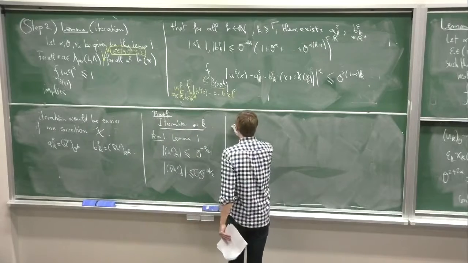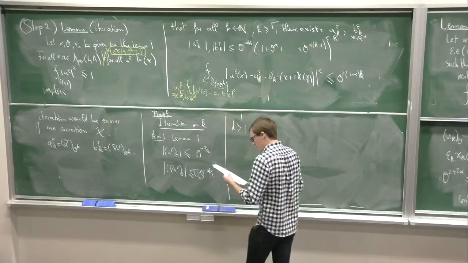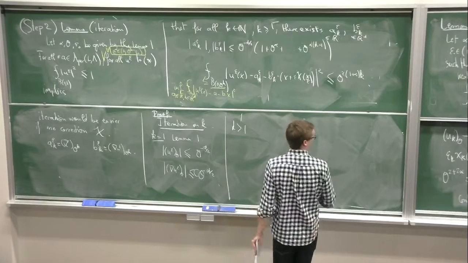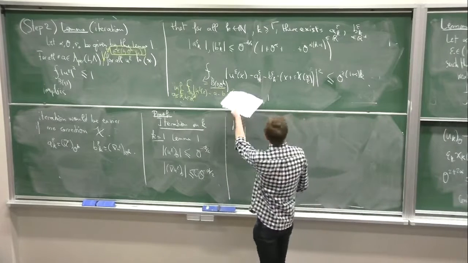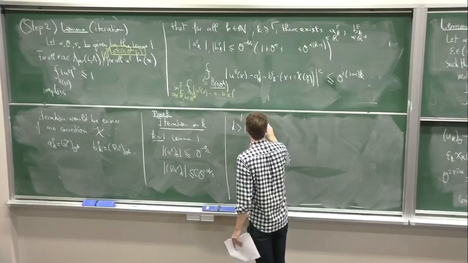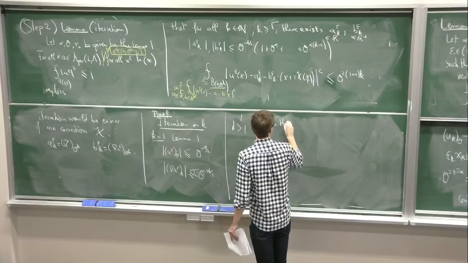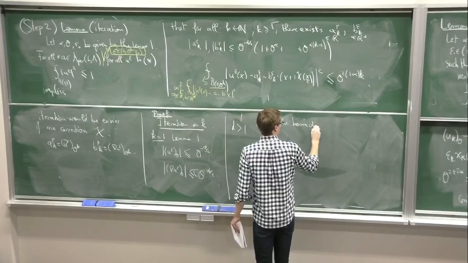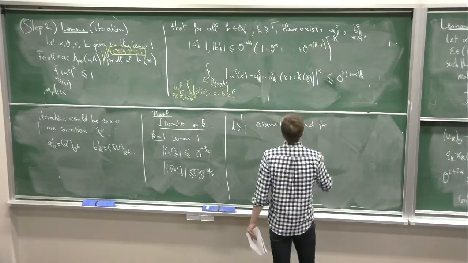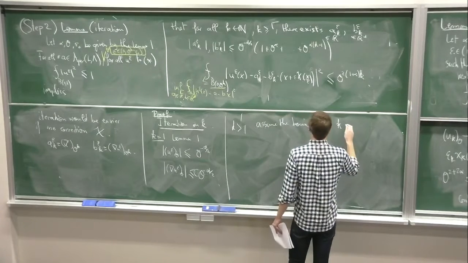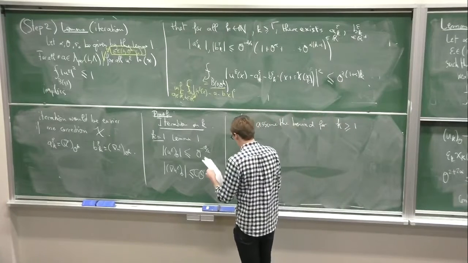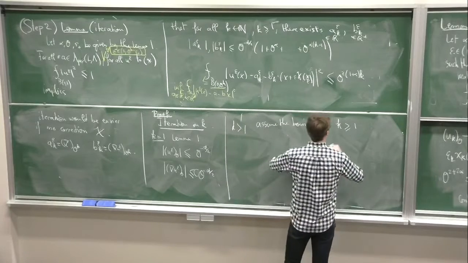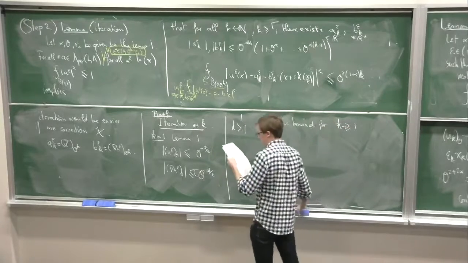So for k bigger than 1, we'll start from this bound. We'll assume the bound for k minus 1, for some k minus 1 bigger than 1, and we'll prove it for k.